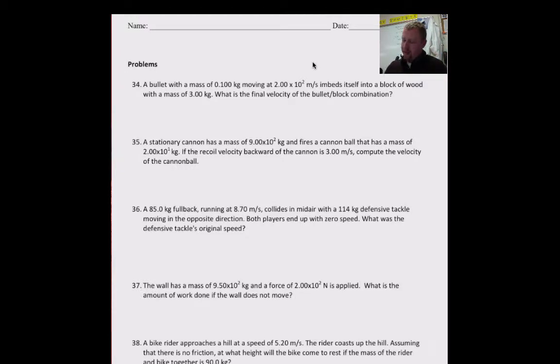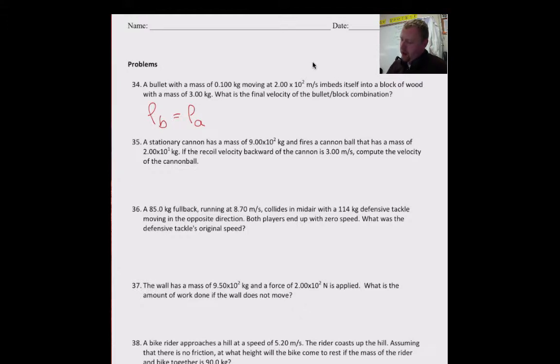So when we write that, we write it kind of like this: momentum before and momentum after. We need to find the momentum before. To do this, we take the mass of the bullet times the velocity of the bullet.